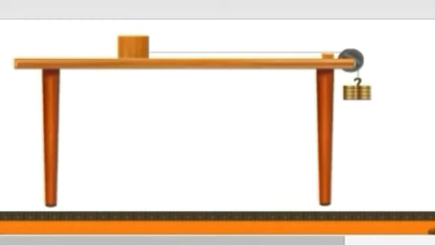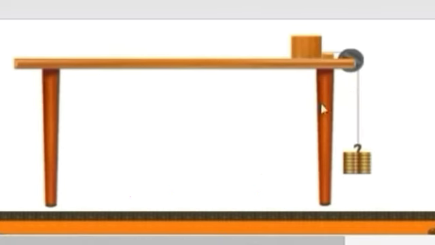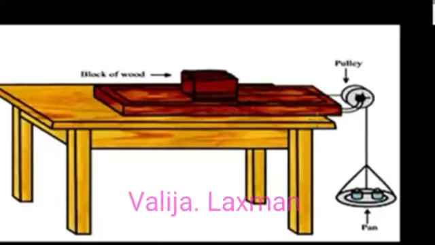So first of all, we'll go from the beginning. Whenever the wooden block is in the rest position, when the weights are less, we already know that static friction will exist, because that is the frictional force when the two bodies are at rest.